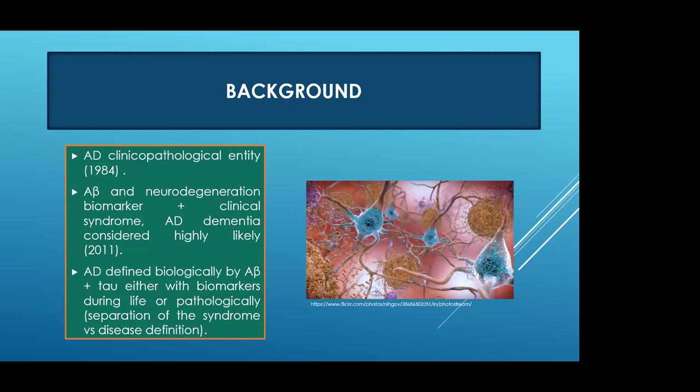Just to give you an example, if amyloid and neurodegeneration biomarkers were present in conjunction with the clinical syndrome of dementia, the diagnosis of dementia due to Alzheimer's disease could be made with a high likelihood.